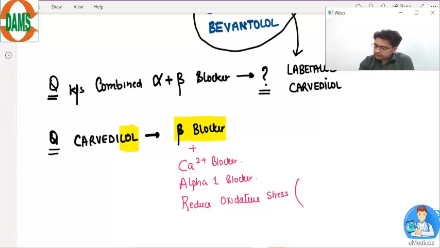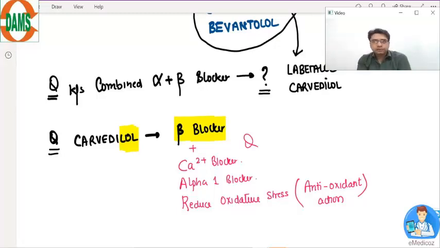That means it has antioxidant action. So you can remember the word CAR, car word.